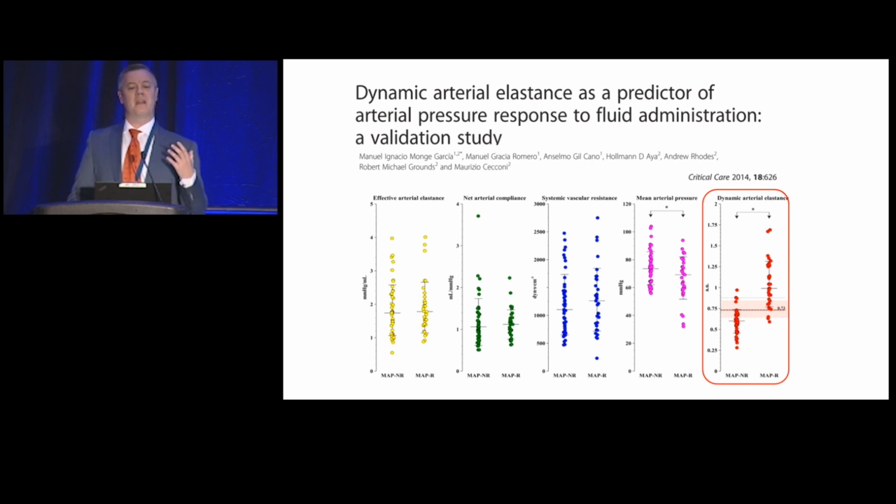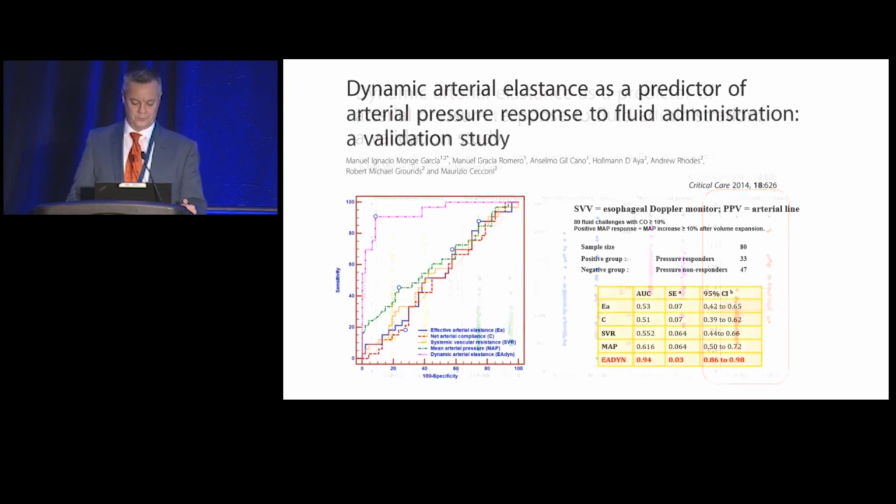So this parameter could help us to define if a hypotensive patient is going to increase the arterial pressure and the cardiac output with fluids, or if giving fluids alone is not going to increase the arterial pressure, so we have to add a vasoconstrictor infusion.